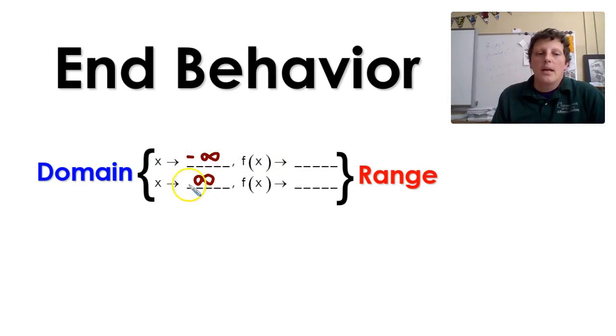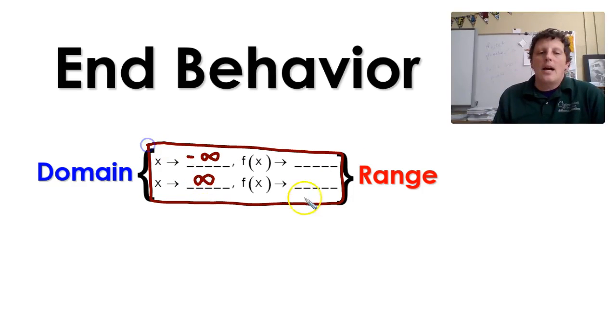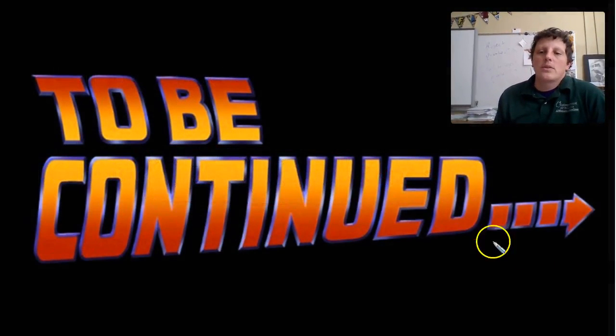What's it approaching? As we go to the right, what's the function approaching? This is our basic outline for how we represent end behavior, this notation right here. And we'll have to look at in context what happens here, because it's not just going to be positive and negative infinity. Sometimes it's going to approach the asymptote on the left or the right.